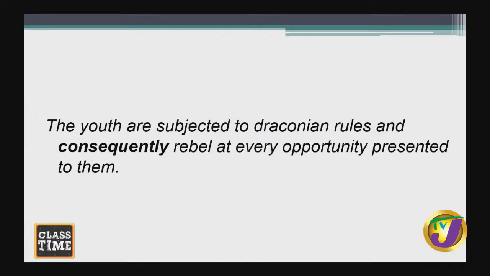The youth are subjective to draconian rules and consequently rebel at every opportunity presented to them. Consequently, related to consequences. What is the meaning being conveyed there? How is this word being used? What is the idea that it is trying to connect?